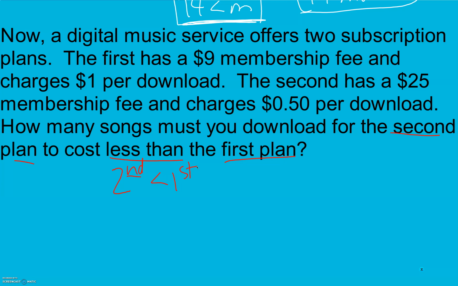So my costs here for the first plan is a $9 fee and $1 per download. So $9 fee and 1 times the number of downloads. The second has a $25 fee and charges 50 cents per download.